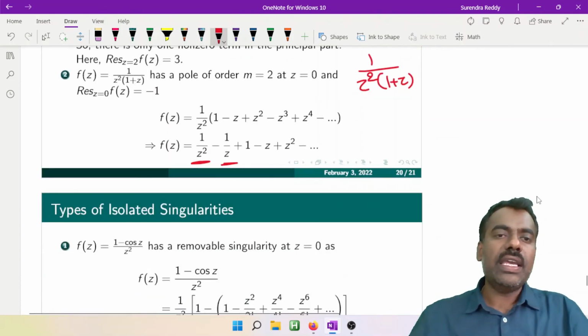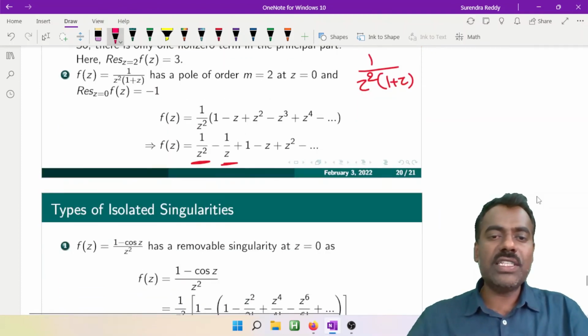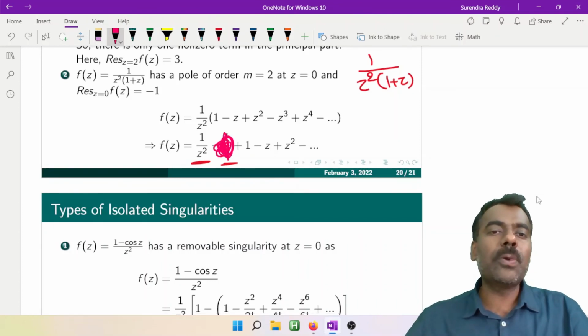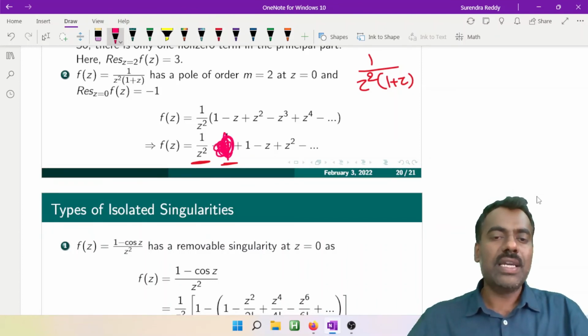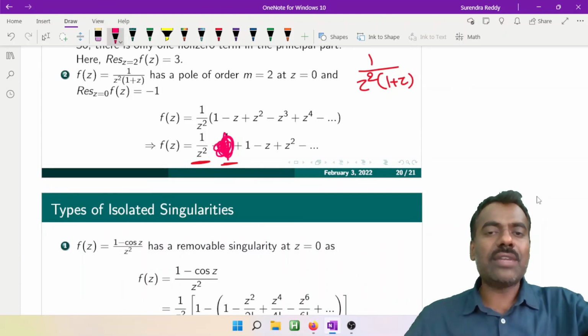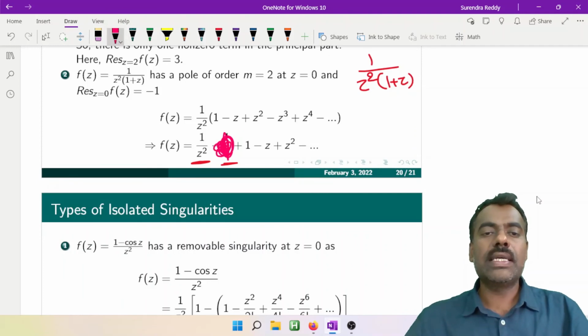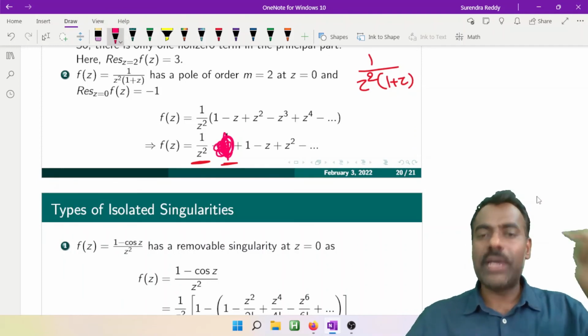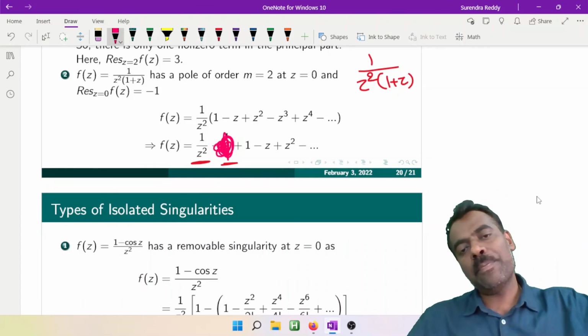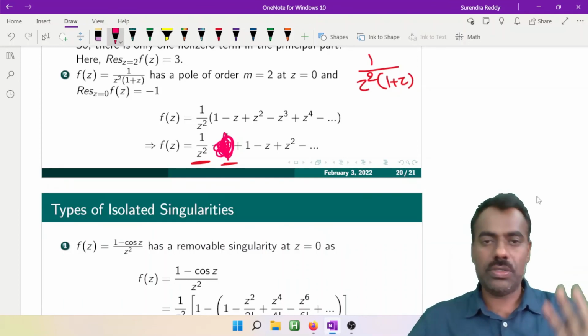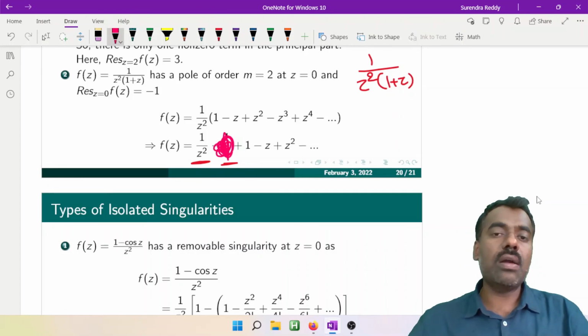Remember, even if the 1 by z term is not there, you can say that it is a pole of order m, which is 2, no matter whether the 1 by z term exists or not. For a pole of order m, the mth power should be non-zero, and the m plus 1, m plus 2, and all higher powers of 1 by z should all be 0.